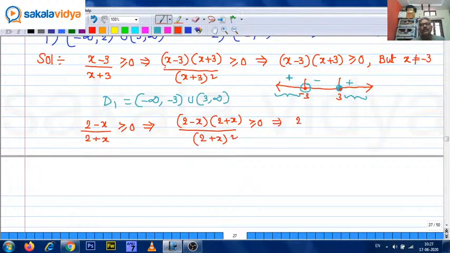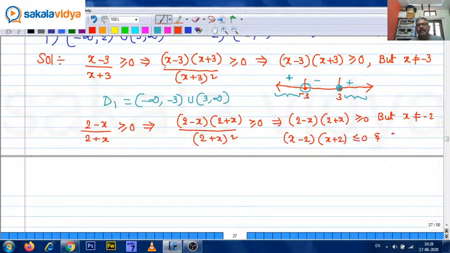And we get (2 minus x) into (2 plus x) greater than or equal to 0, but x does not equal to minus 2. Because actually if you multiply minus x into plus x, minus x square, multiply minus 1 on both sides, you get (x minus 2) into (x plus 2) less than or equal to 0, and x does not equal to minus 2.